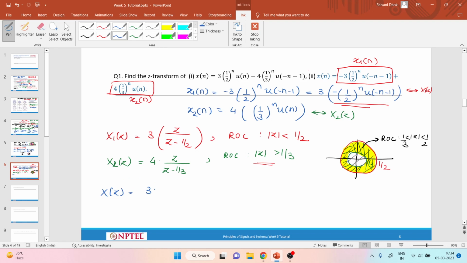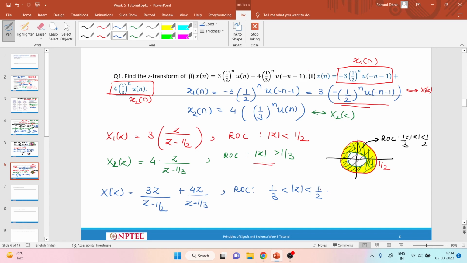So this I can write as 3z upon z minus 1 by 2 plus 4z upon z minus 1 by 3, and region of convergence as 1 by 3 less than magnitude of z less than 1 by 2. Any questions at this point?